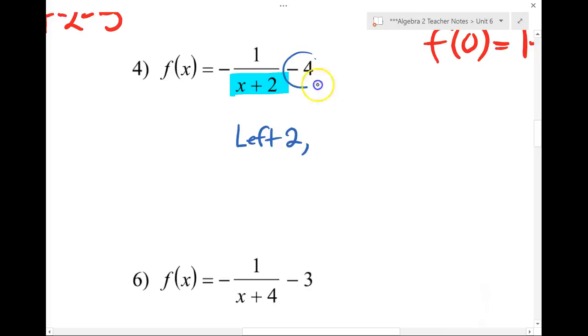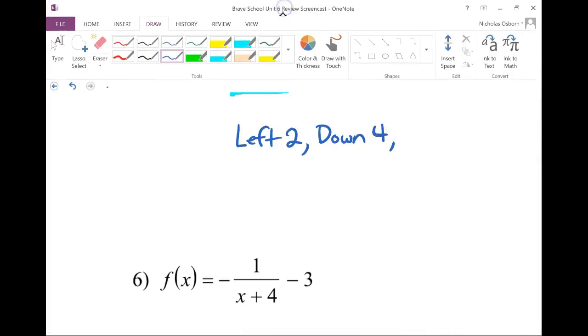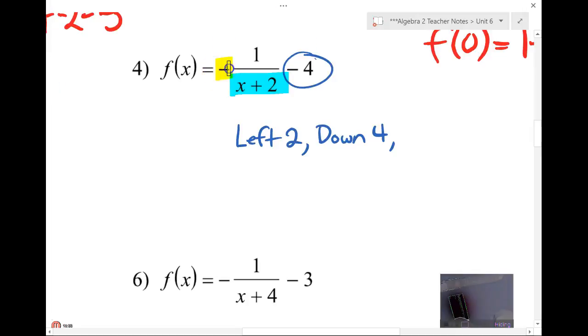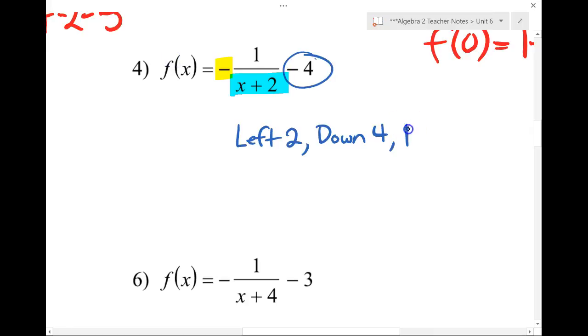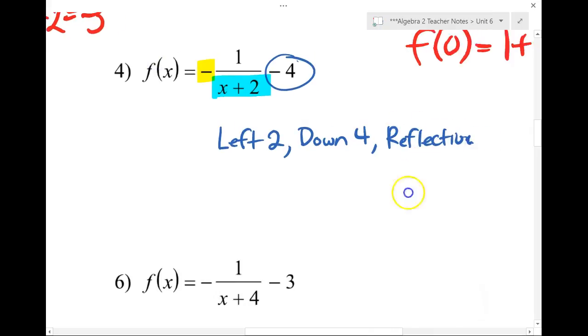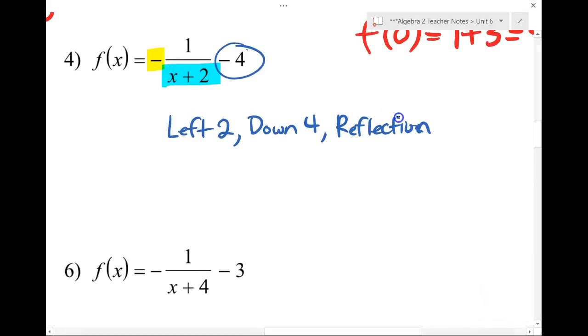And then we have negative 4 out here, so that means it's going to go down 4. But there's one more transformation here, and that comes from this negative. If you remember, we just talked about it. That causes a reflection across the x-axis. Okay?